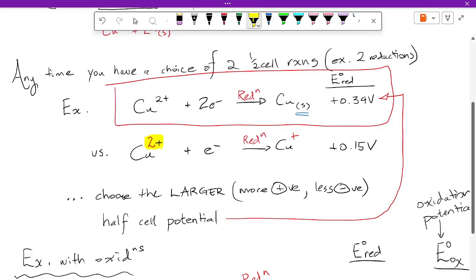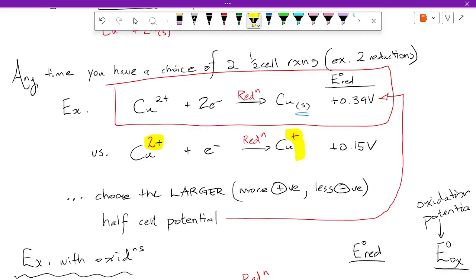So make sure you change this and this. So out of those 2 reductions, that is our favored reduction for copper 2 plus. Yeah, just 1 electron there. Okay. So are we good with that?